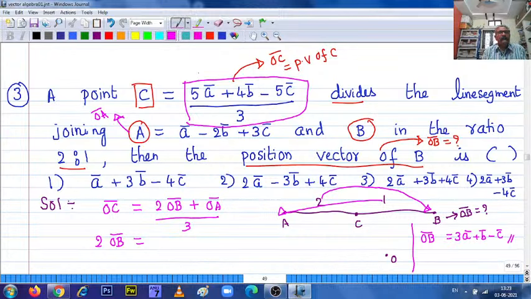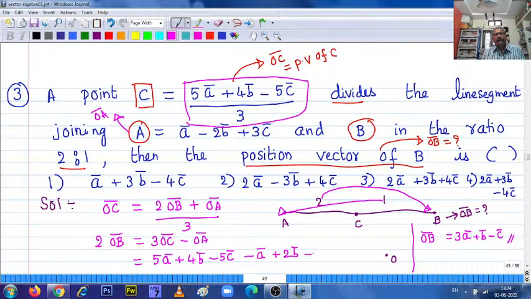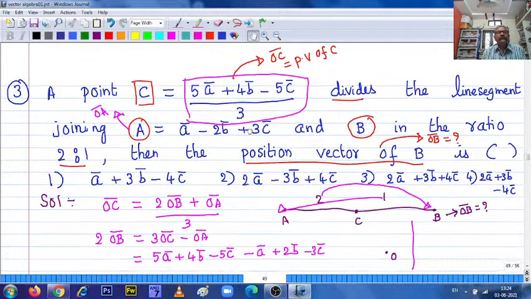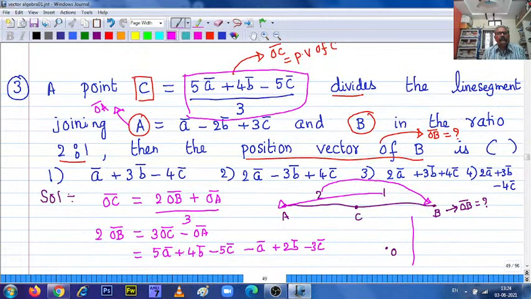So now 3 OC bar minus OA bar is equal to 5A bar plus 4B bar minus 5C bar, minus A bar plus 2B bar minus 3C bar. So now we can simplify: 5A minus A, 4A bar plus 6B bar minus 8C bar.